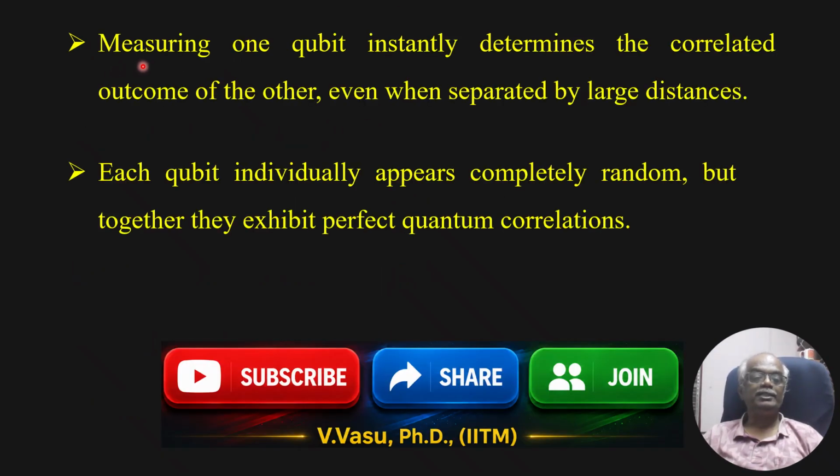So we learned that measuring one qubit instantly determines the correlated outcome of the other, even when separated by a large distance. Each qubit individually appears completely random, but together they exhibit perfect quantum correlation. So this is the detail about this.